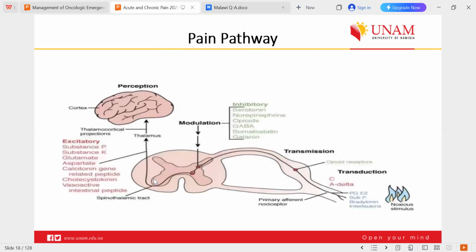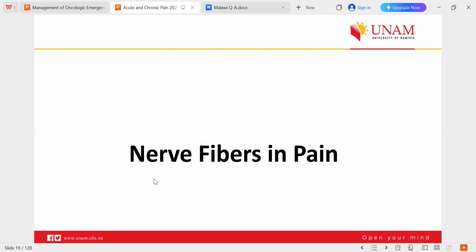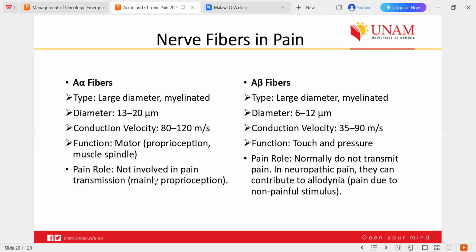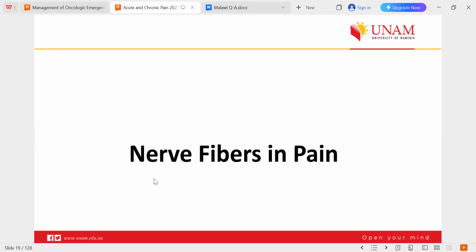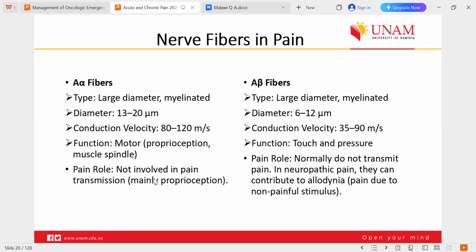Okay, so the next thing we're going to look at is nerve fibers. These are fibers that transmit pain sensation along the different tracts. We have different types based on their sizes in diameter and the rates of transmission.